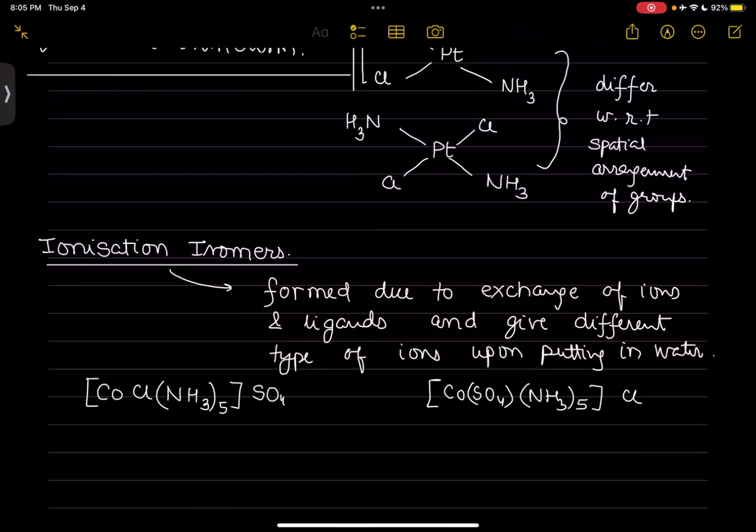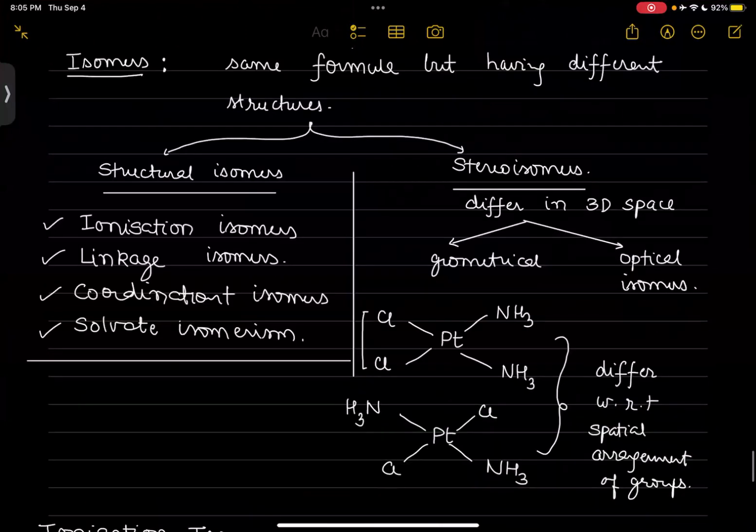So we were doing isomerism in coordination compounds: structural isomers and stereoisomers. Structural isomers have different groups and bonds, and stereoisomers have the same groups but different 3D arrangements in space. That's what we had seen.